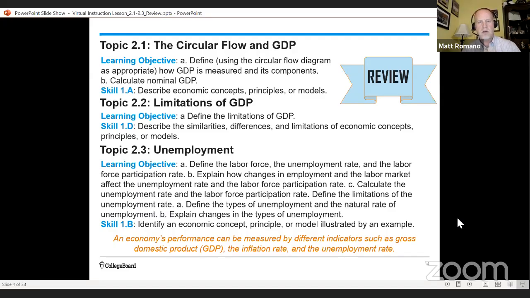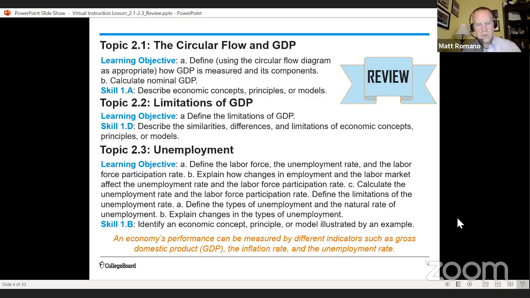We want to make sure that we understand the terminology first and then use the numbers to explain the terminology. And that's my biggest suggestion when it comes to dealing with these indicators. If you don't understand what GDP represents or unemployment represents, or in the next few days, inflation and real GDP per capita, if you don't know what those mean, the numbers are meaningless as well. And what's the point in calculating them?